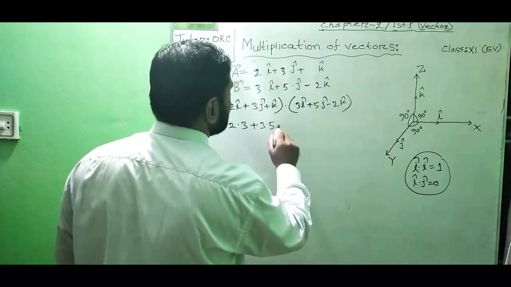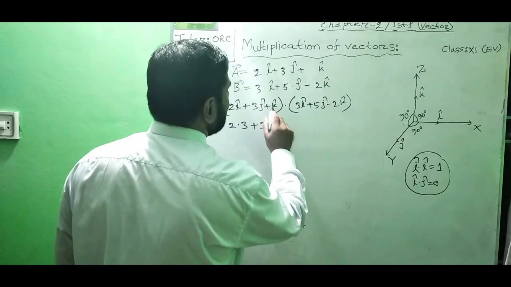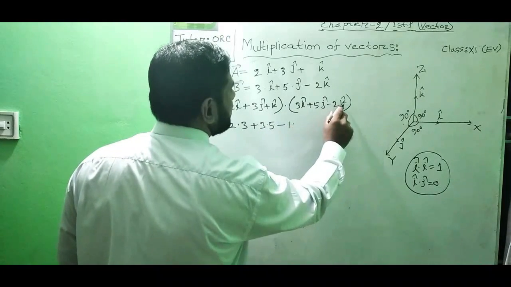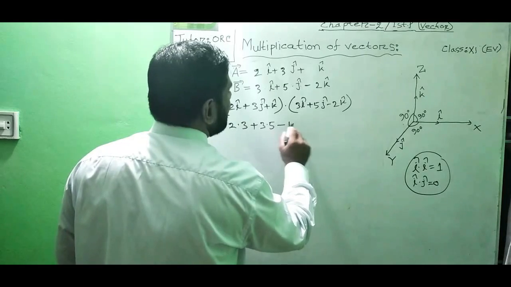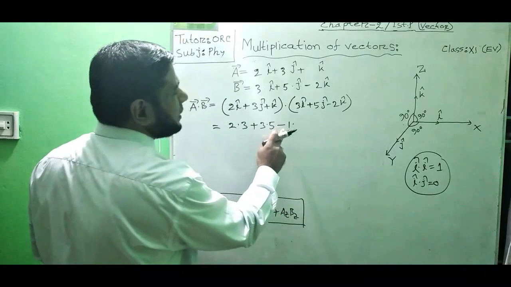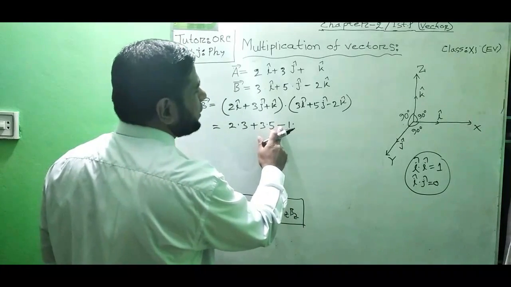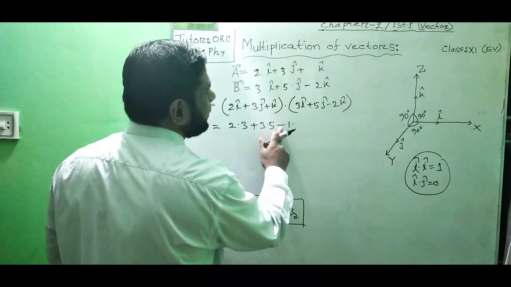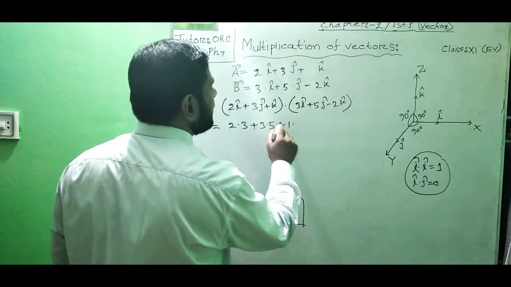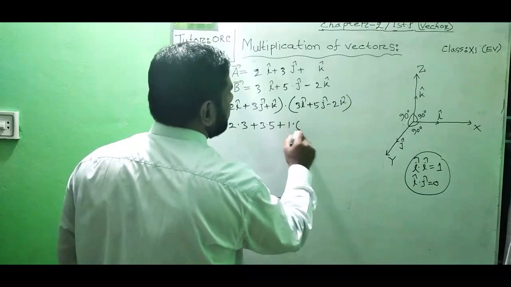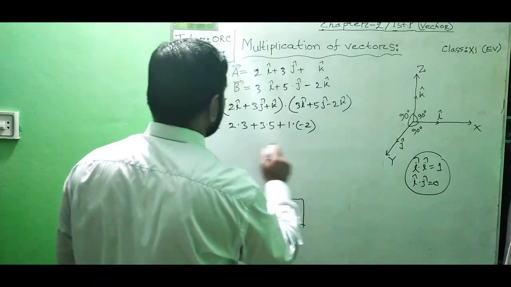Here the coefficient of k cap is 1 and here it is minus 2. You can write it this way, plus 1 into minus 2, no problem.